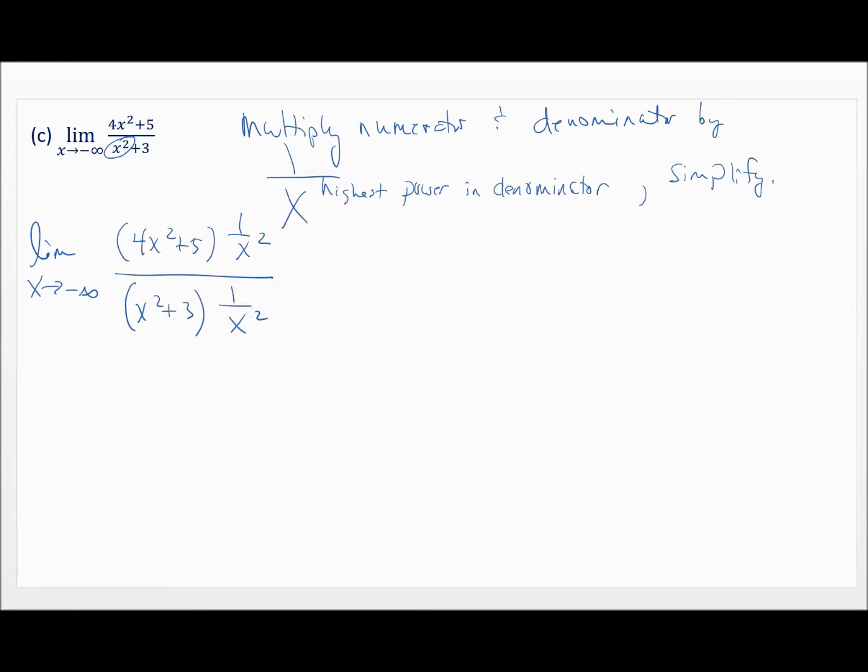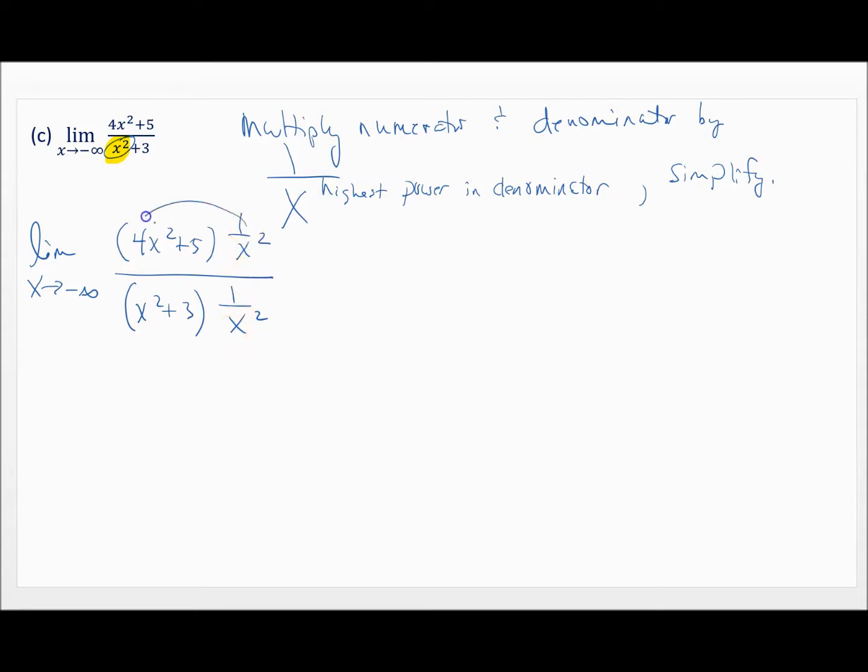Now, again, my decision came only from the denominator, not from what was in the numerator. Now, why did I do both the top and the bottom? Because I'm really just multiplying by 1. So I'm not changing the value of our expression up there.